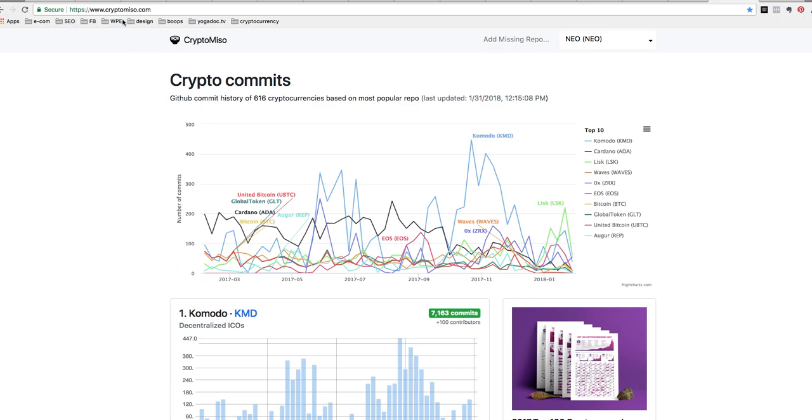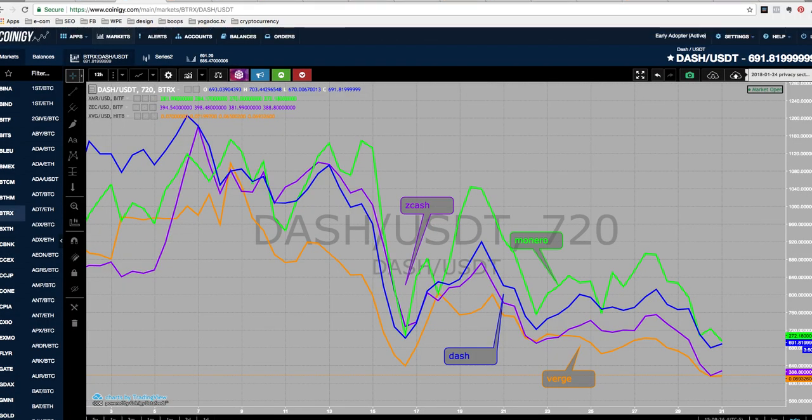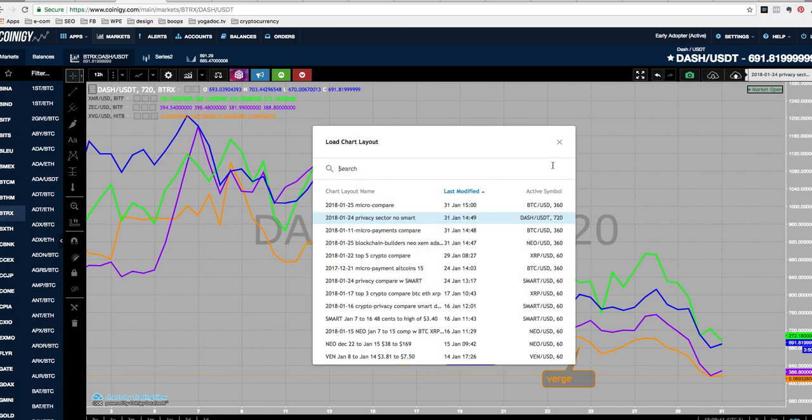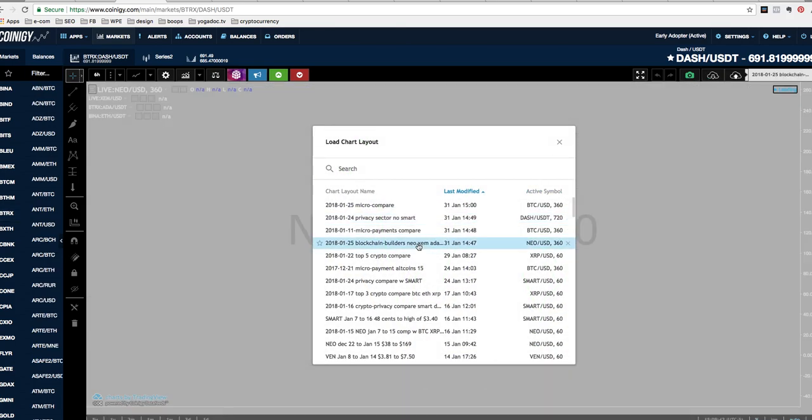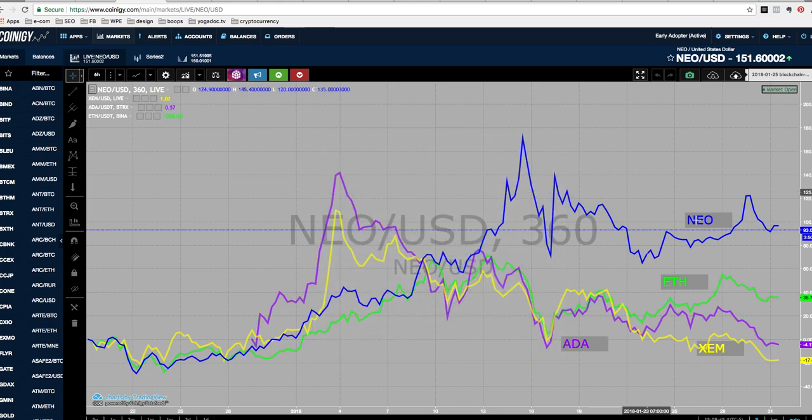When I go back to my sector analyses, I'm going to load up my blockchain builder comparison chart, and you can see here I've got Neo, Ethereum, Cardano, and XEM, the current 4 coins that I'm comparing in the blockchain builder sector.